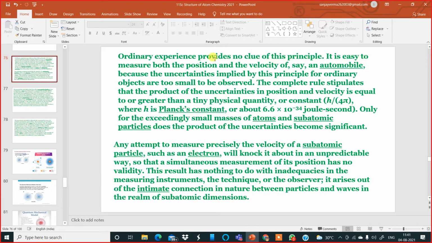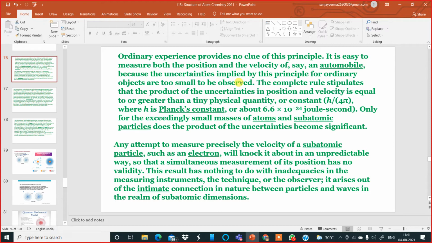It is easy to measure both the position and velocity of, say, an automobile, our school bus, or our two wheeler, because the uncertainties implied by this principle for ordinary objects are too small to be observed. That means for big objects, we can know the position and also the velocity.